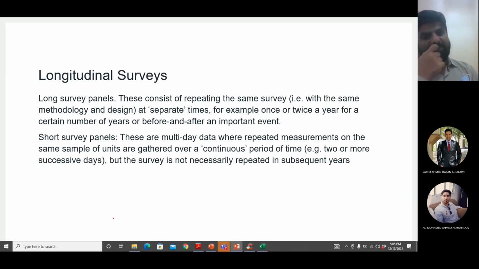Then short survey means that they are conducted for multiple days. Okay, and on the same sample, we know the definition of panel, over a continuous period of time. Okay, and you can do it for the same panel in the following years as well, but it is not necessary.